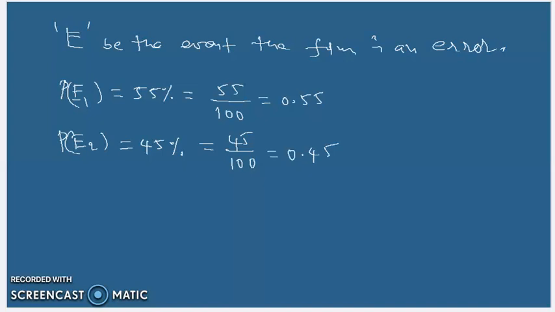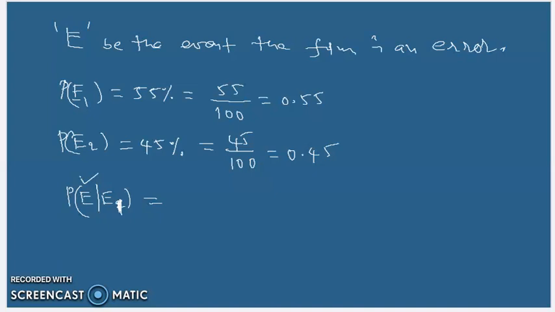And one more data is given in the problem, that is P of E by E1. What is the meaning of P of E by E1? This is the conditional probability. Probability of E means error forms checked by clerk 1.